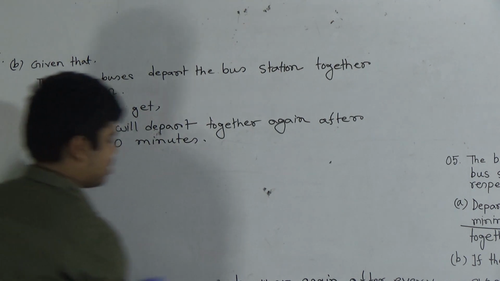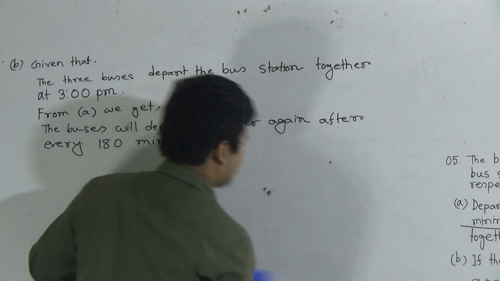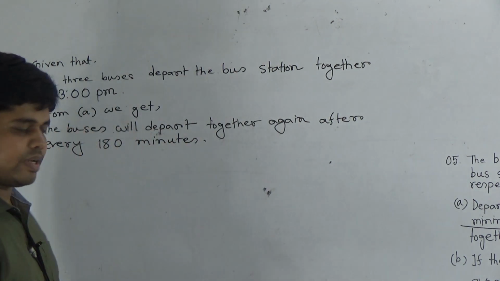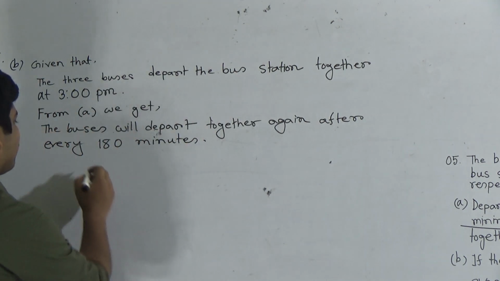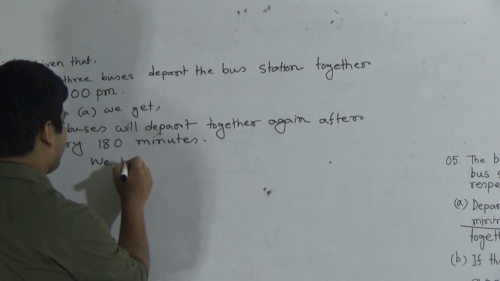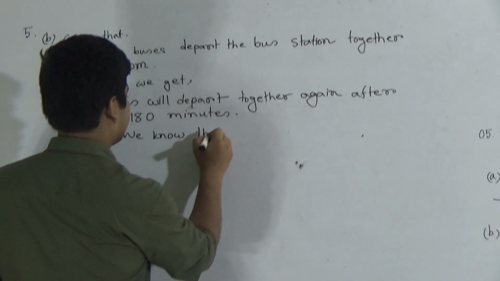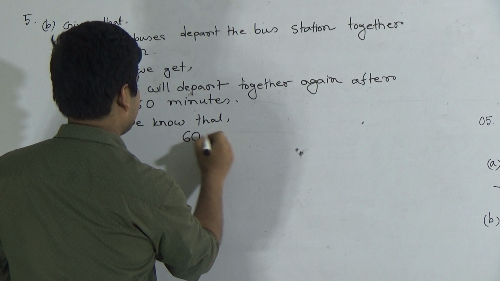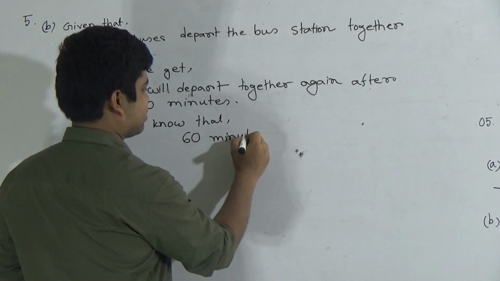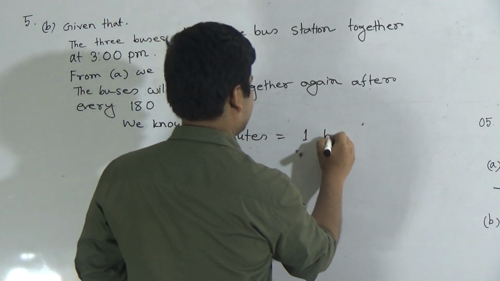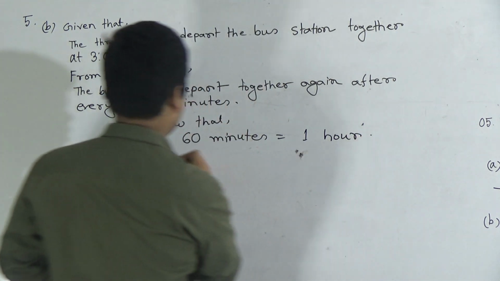Okay, so how can we know that? 1 hour equals 60 minutes, that means 60 minutes makes 1 hour, right? We know that 60 minutes equal 1 hour.